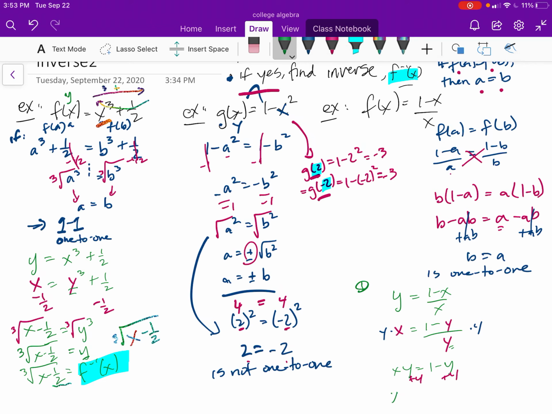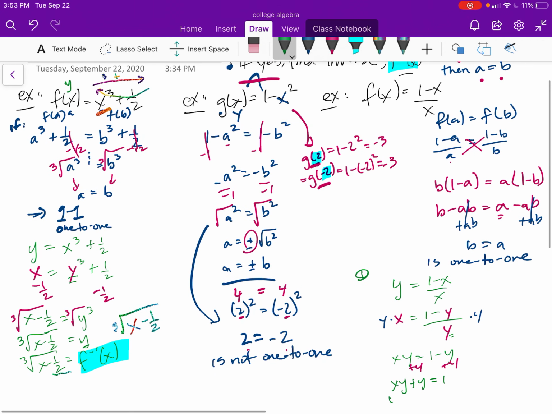So we have xy plus y equals 1. And to solve for y, we factor out a y. And now to isolate it, just divide by 1 plus x. And remember your end result, always change that y to f inverse. Function notation. So the inverse of this is 1 over 1 plus x.